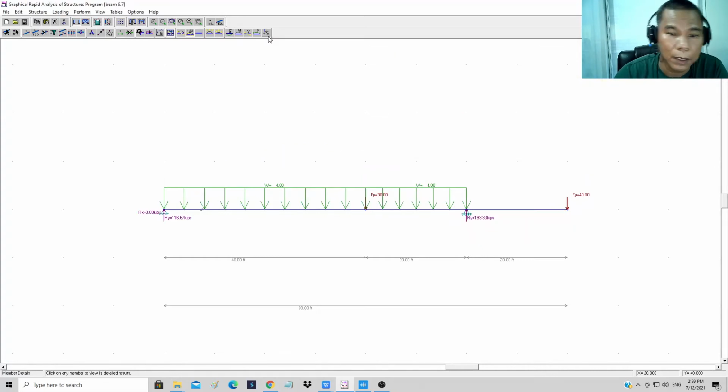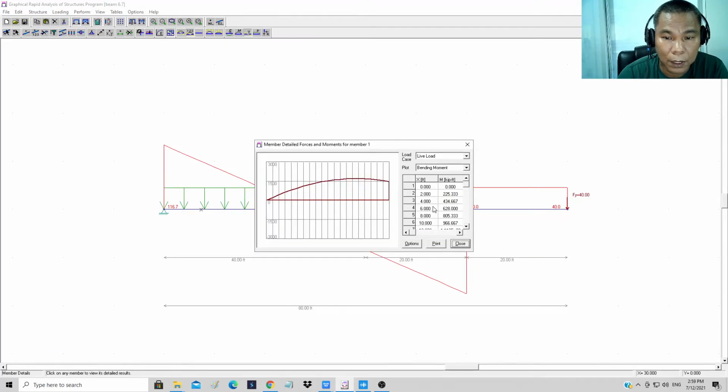You can sum up moment or shear to determine where the shear is equal to 0, which is at this portion. How do we determine that one? The shear here is approximately equal to 0 in between 28 and 30, so it's not exactly at 30.